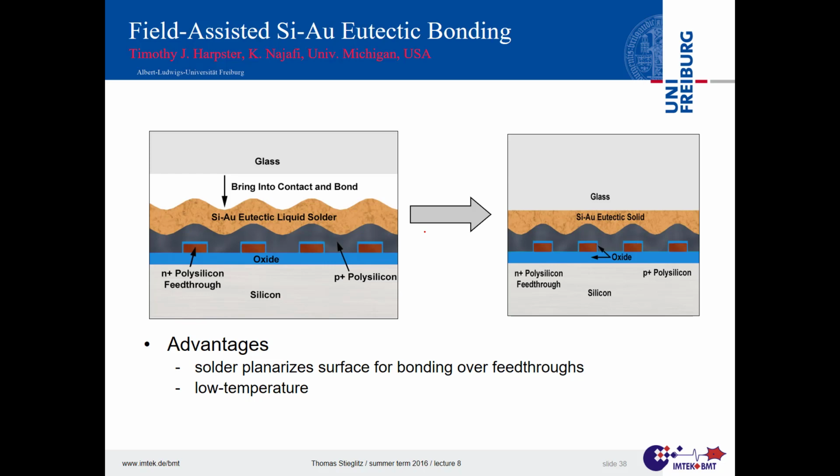Then you can melt something, and if you put a glass on top, it planarizes all the surface topology. That is good in soldering. There are other planarization steps where you can make it planar if you need that, but that always means you have to do steps that are not done in standard microelectronics processing.